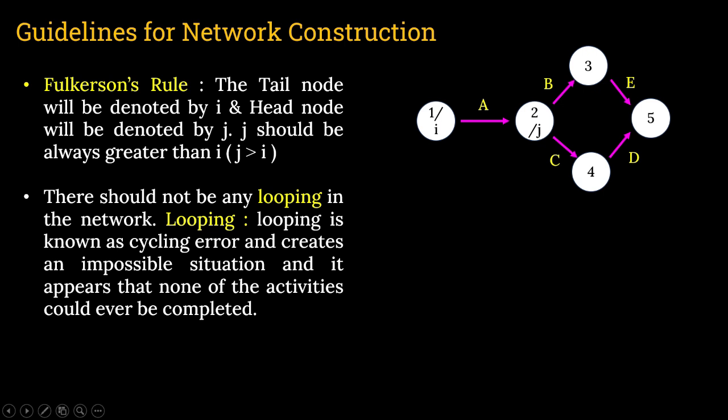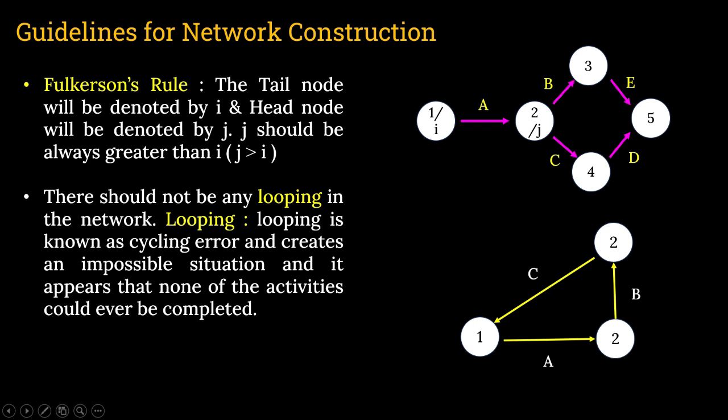There should not be any looping in the network. Looping is known as a cycling error and creates an impossible situation, and it appears that none of the activities could ever be completed. What is that? If the network is like this, from node 1, activity A is starting, finishing at node 2.